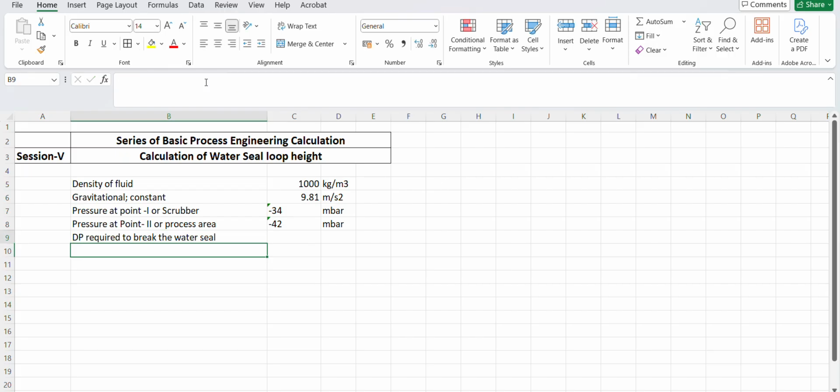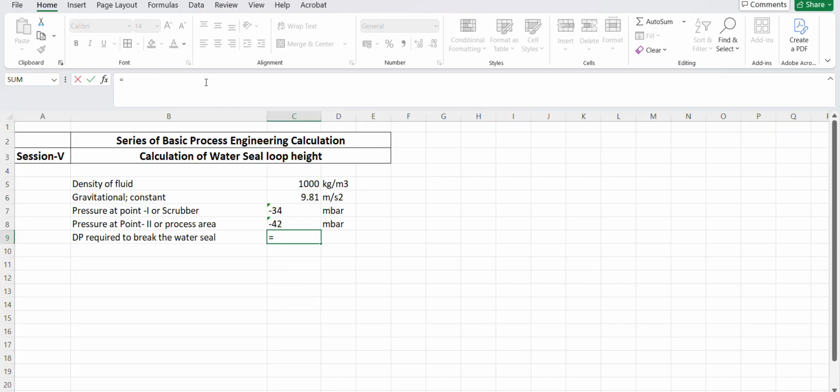Simply it is the difference between the pressure at point 1 and point 2. So we simply take this minus this, and we will have that much mbar.